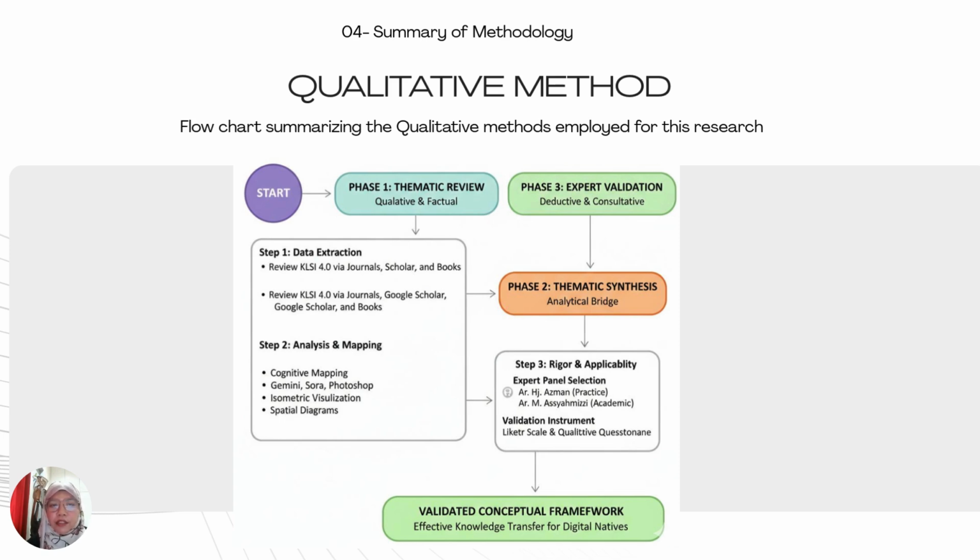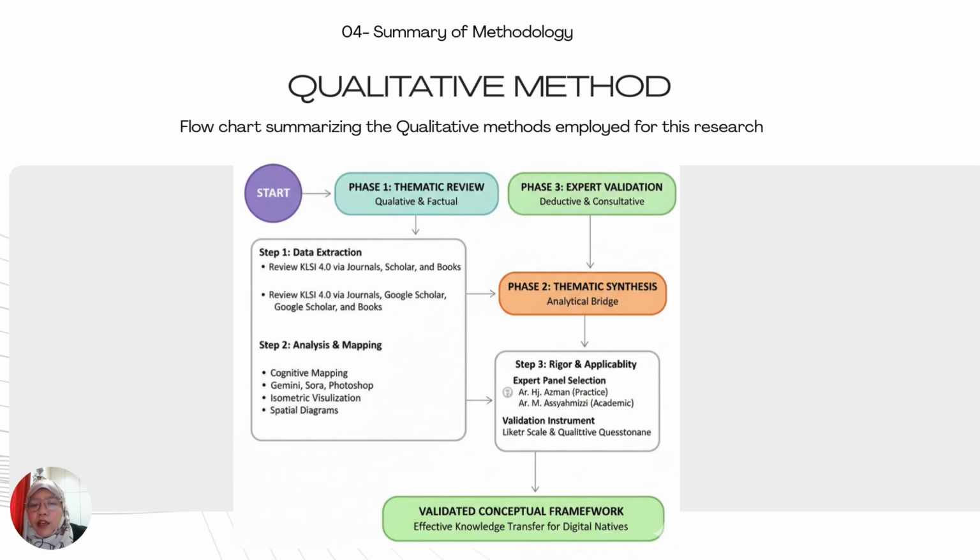Next, we will go through the qualitative method briefly, on how I conducted my research. First, I have the thematic review phase, with data extraction, and then I analyze and map the data respectively. Then we go through synthesis and how to prove the synthesis, on which knowledge theory is more suitable with which architectural intervention. That is proved by phase 3, which is expert validation, by two expert panels selected.